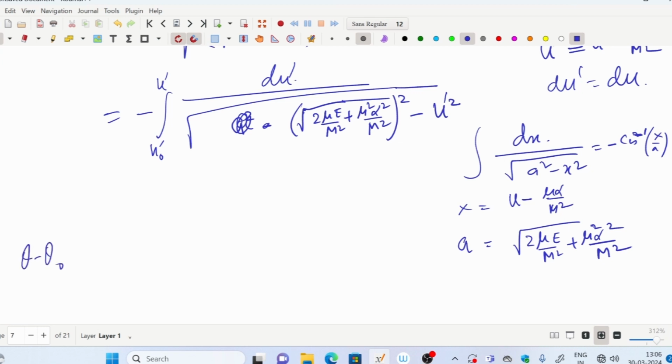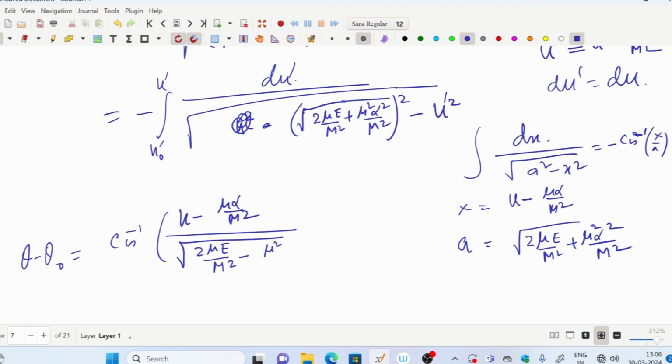So, the result of our integration is theta minus theta 0 equal to cos inverse of u minus mu alpha by m square divided by a, which is root of 2 mu E by m square plus mu square alpha square by m to the power 4. Okay.